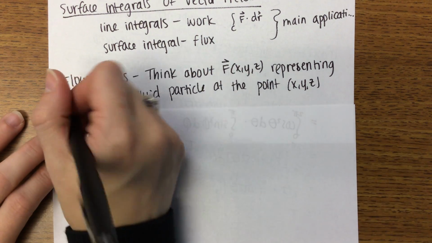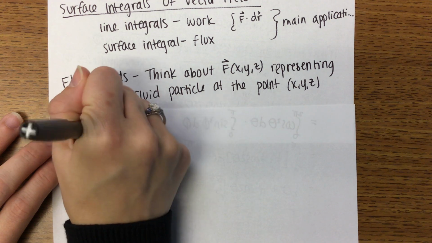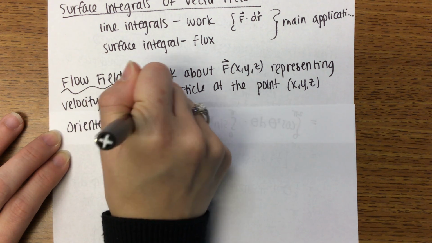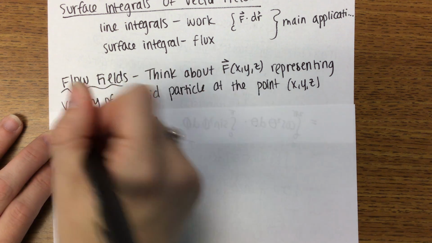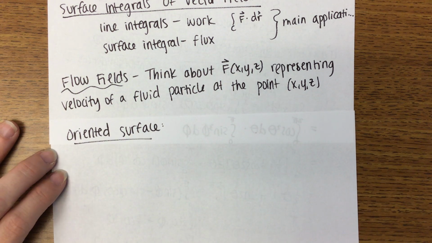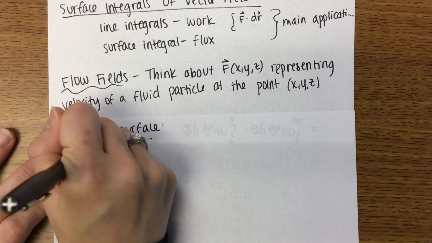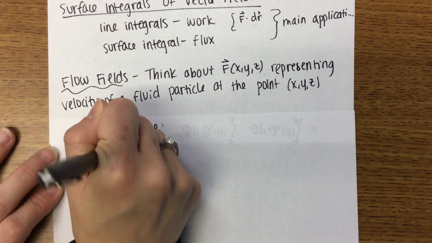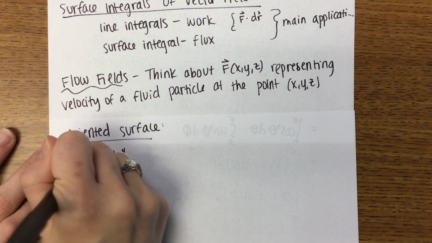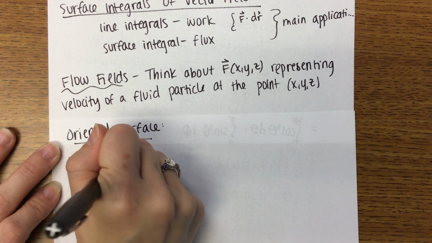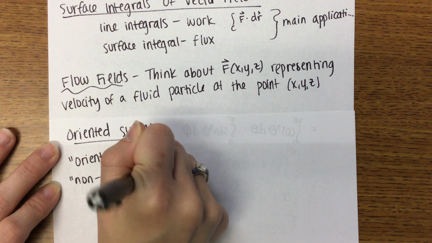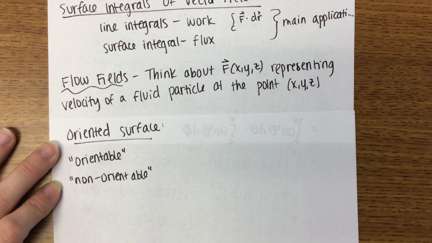First thing we need to know is what is an oriented surface. Okay, there are two different types of surfaces. One is called orientable, and the other one is non-orientable. Orientable is a surface that has two sides.